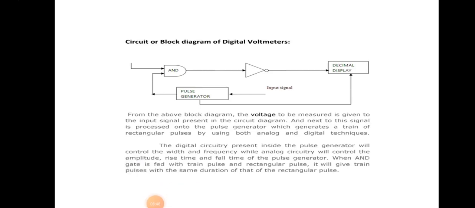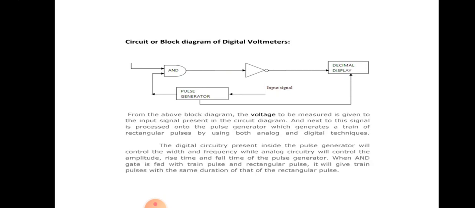Okay, so firstly the input is given to the pulse generator. In this pulse generator, there are two types of circuitry, analog and digital. The digital circuitry controls the width and the frequency of the input signal, while in the analog circuitry, the rise time and fall time, both these two times, are controlled.